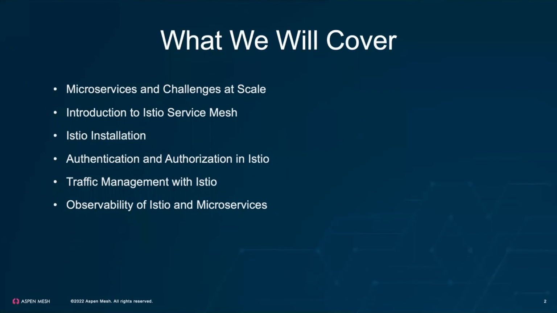Then we'll look at the installation of Istio, some of the authentication, authorization and encryption that's on by default in Istio, some sophisticated traffic management flows that are possible with Istio, and then observability and visibility of Istio and microservices. And as Mike said, if you have any questions, we can stop and answer them anytime. So just post them in the Q&A or chat.